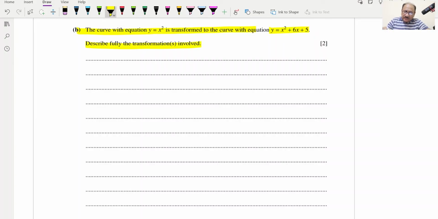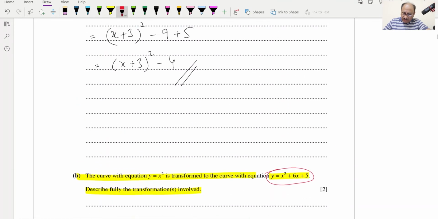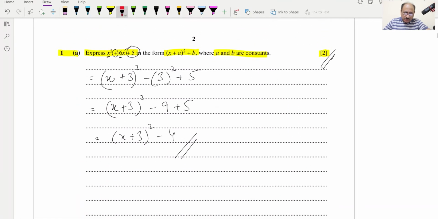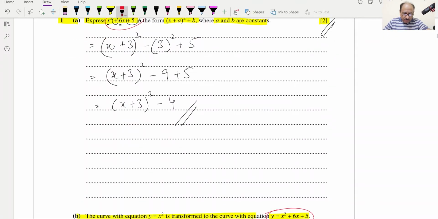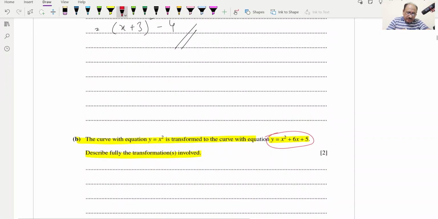This is the same equation as we have written in the completing square technique, so we can write y is equal to x squared plus 6x plus 5, which is equal to the answer for part a.